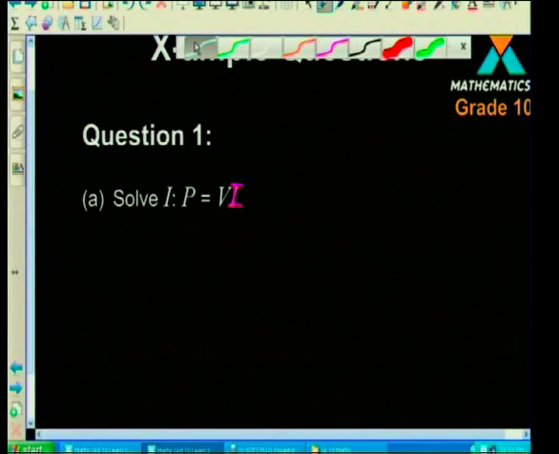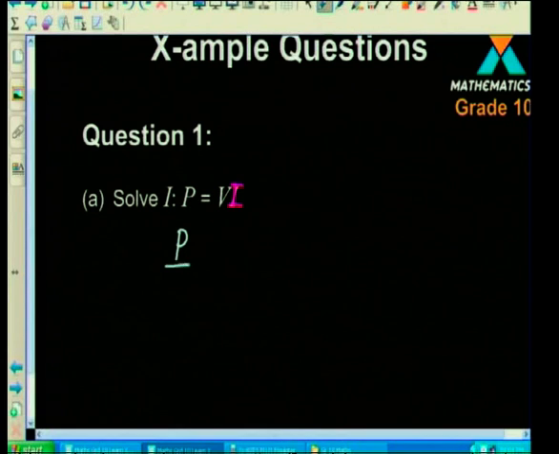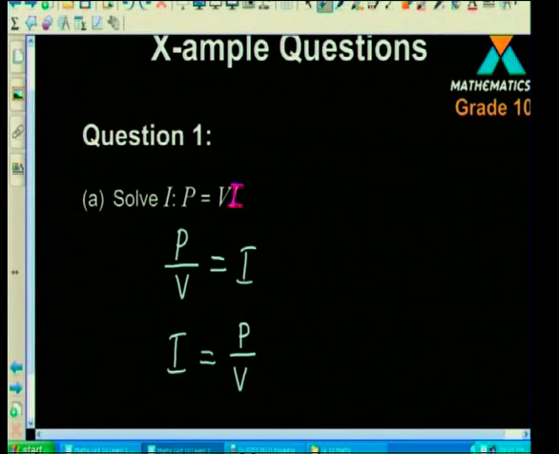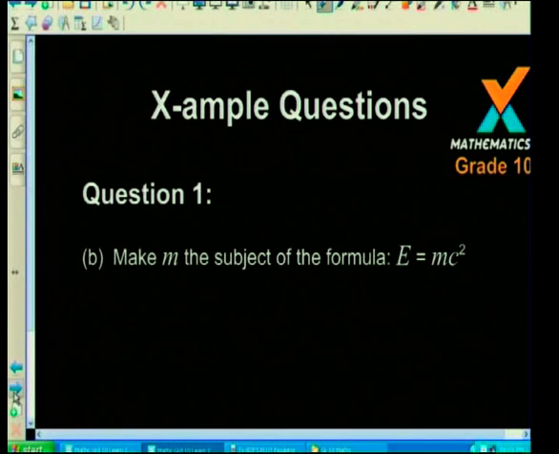It's multiplying, which means when I move it to the other side, it now divides. Now just to make it look nice, I'm going to swap it around so that I is equal to P divided by V. Let's move on to the next one.